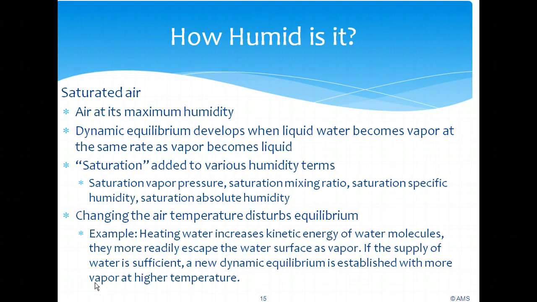We also know that changing the temperature has an effect on this equilibrium. Raising the air temperature increases the saturation vapor pressure, and all those others we talked about, whereas a drop in temperature basically brings about condensation, and this particular situation eventually ends up with less water vapor in the air at a lower temperature, although this is now in equilibrium as it was previously, with a lower water vapor content.